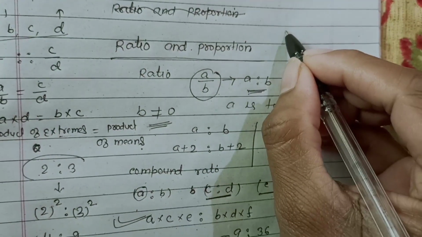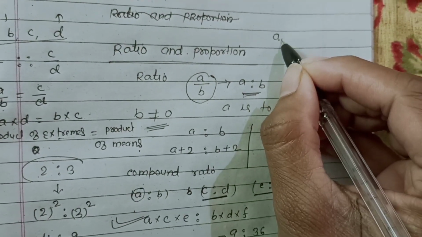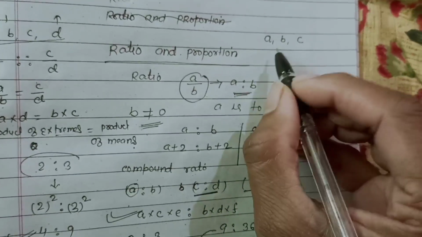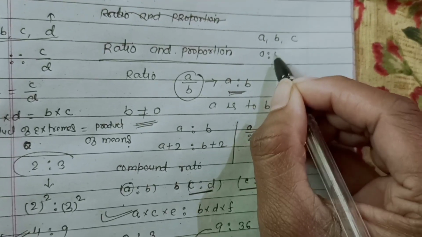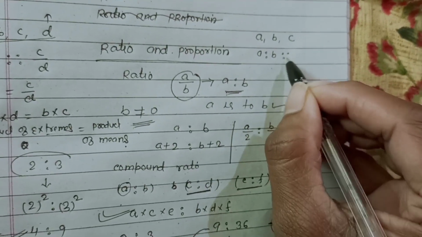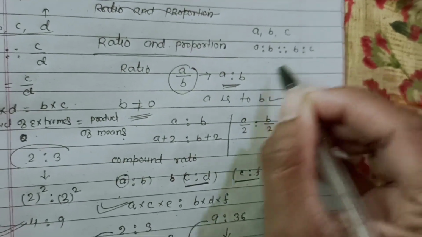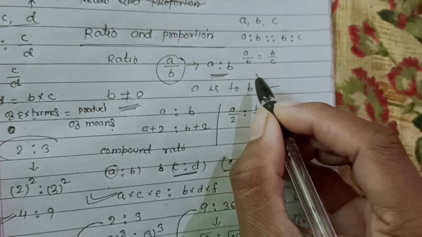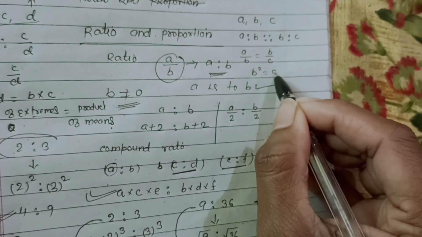Students, now we will talk about continued proportion. If 3 quantities A, B, C are in continued proportion, it means A is to B is proportional to B is to C. It means A by B equals B by C. We can say that B square equals AC.